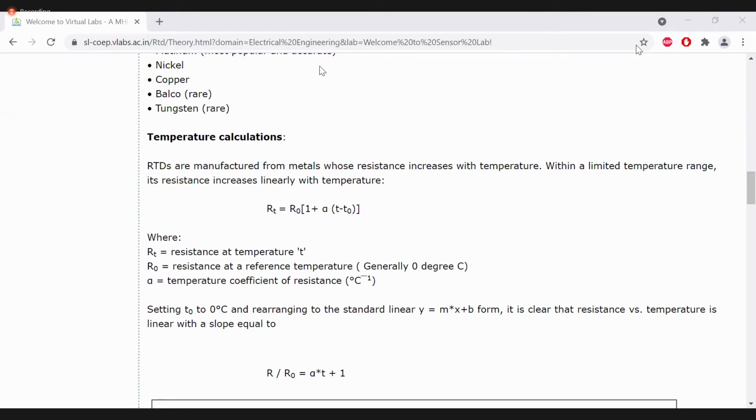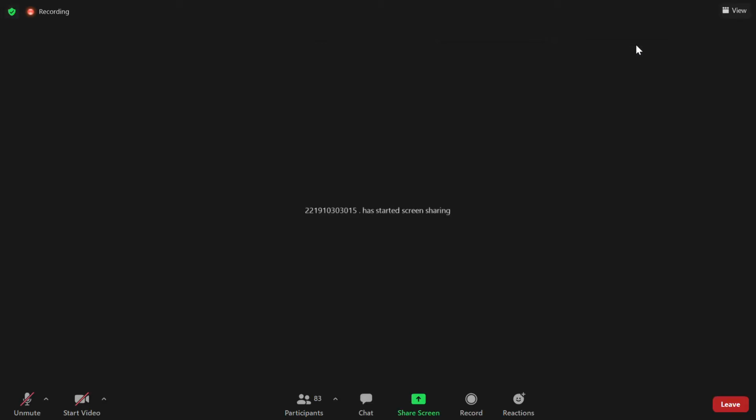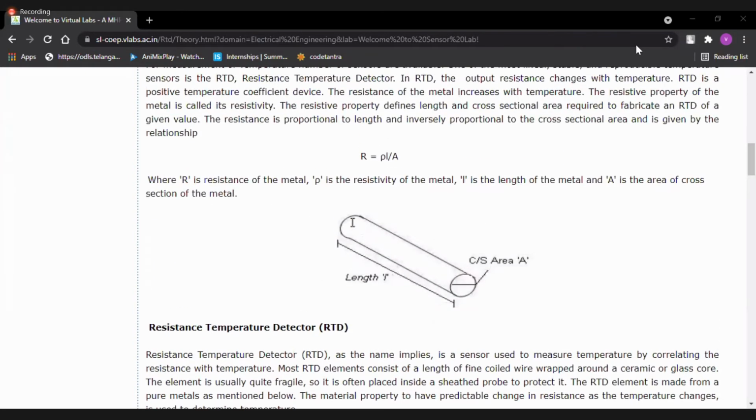Section 3, roll number 15. Yes, sir. Can you share your screen? Okay, sir. Can you scroll up?